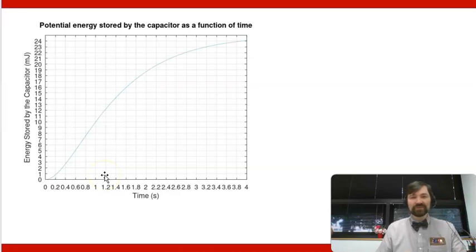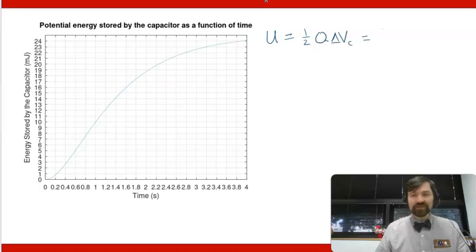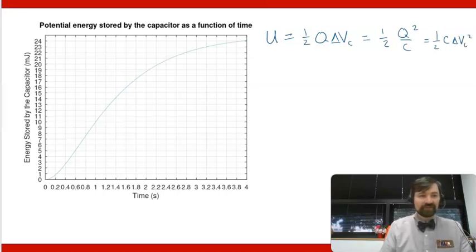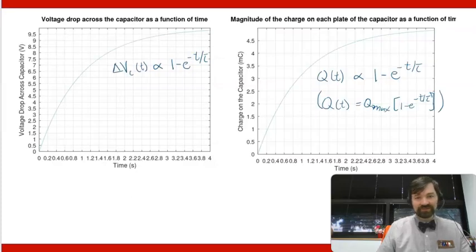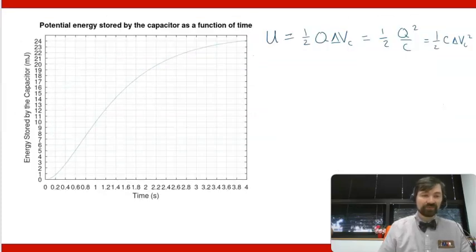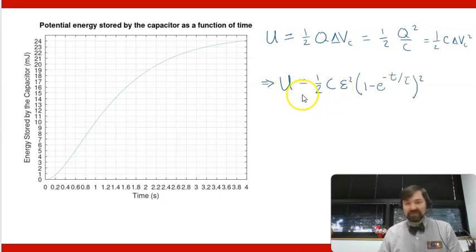The reason is that for a capacitor, U should look like 1/2 Q delta VC, which is the same as 1/2 of Q squared over C, or 1/2 of C delta VC squared. So this graph right here is what you get if you multiply this graph by this graph, or if you were to square this graph or square this graph and multiply by an appropriate constant. That gives us an equation, by the way, that looks like this if we're using 1/2 C delta V squared.